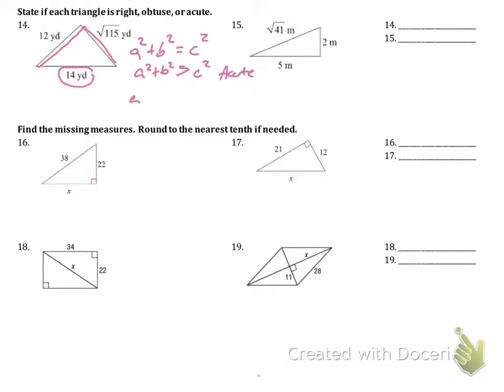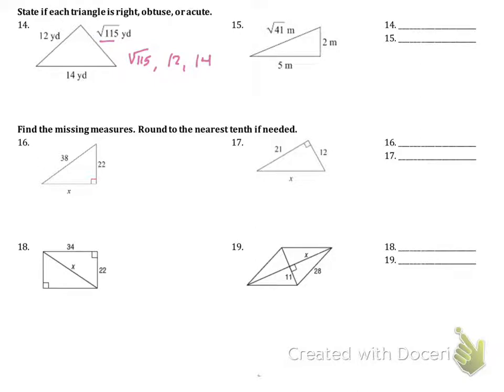If a squared plus b squared is less than c squared, then that would be obtuse. Okay, so first thing you need to do is order these three from smallest to greatest. So I know I did this already, so it'd be square root of 115, 12, 14.